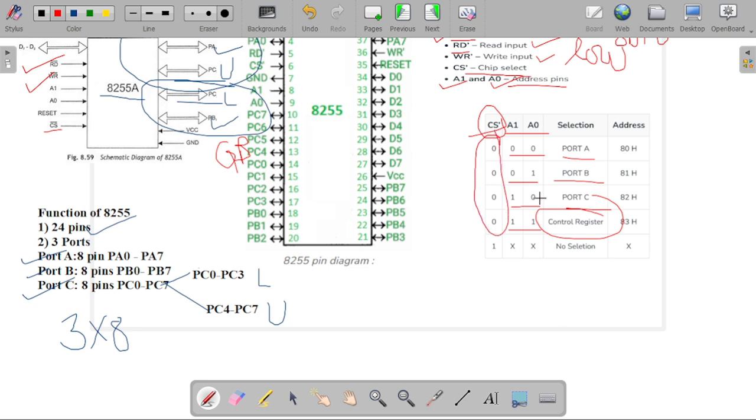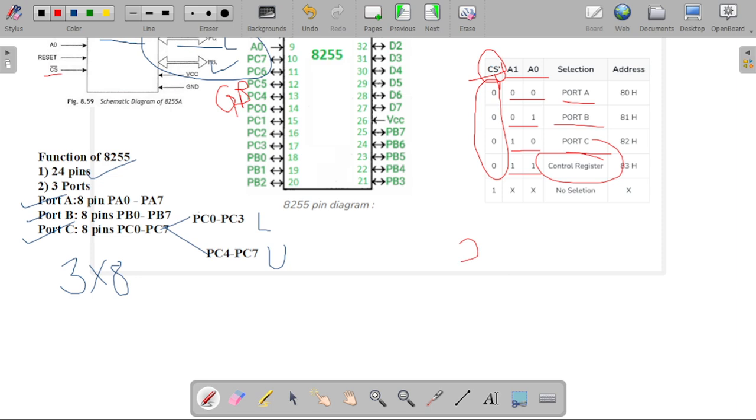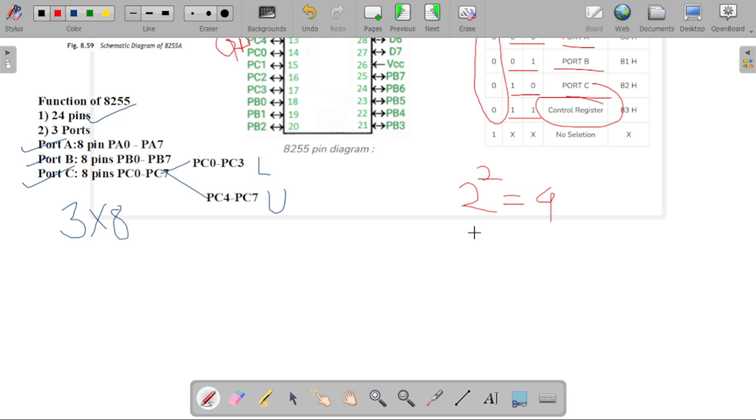So how can we decide these 0 0, 0 1, 1 0 and 1 1? Because we have 2 address lines, A0 and A1, and 2 raised to 2 is nothing but 4. So we have a total of 4 cases in our selection of port A, port B and port C. As per our truth table, we write these four cases as 0 0, 0 1, 1 0 and 1 1.